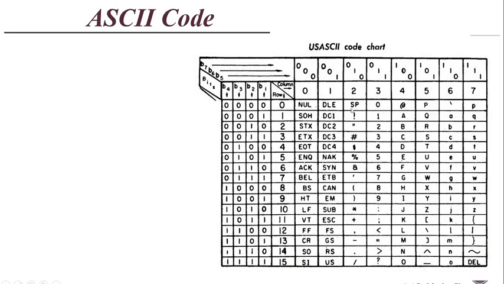Later on symbols are given, then numbers 0 to 9, then some symbols, then alphabets from A to Z capital, A to Z small, and brackets. All these 128 different characters, symbols and numbers are given in this ASCII chart.